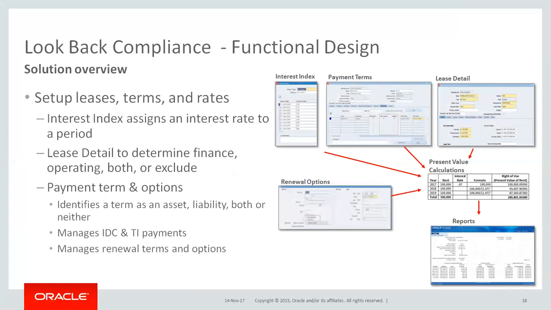For every period, there would be a column to capture your interest index. And we expect our customers to group all their leases into, say, 10-year leases, 20-year leases, 30-year leases, and then keep creating as many interest indexes as there are groups for that particular operating unit. So if there are 5 such groups, you may need to create 5 such indexes.